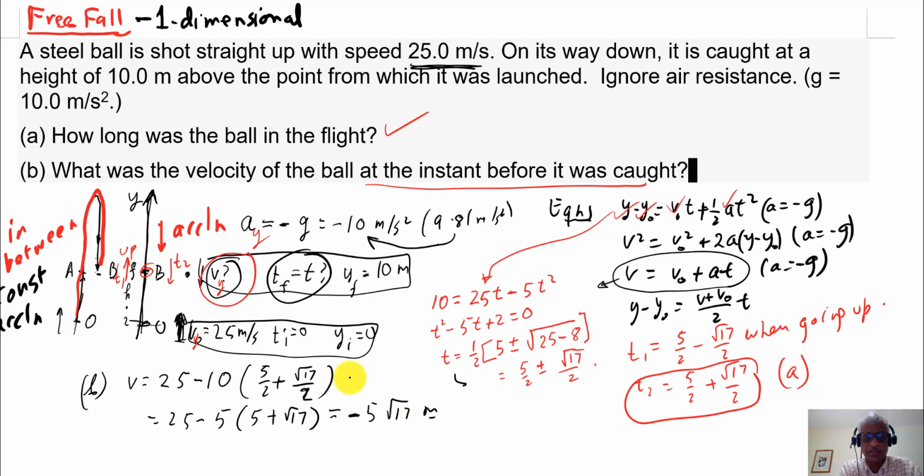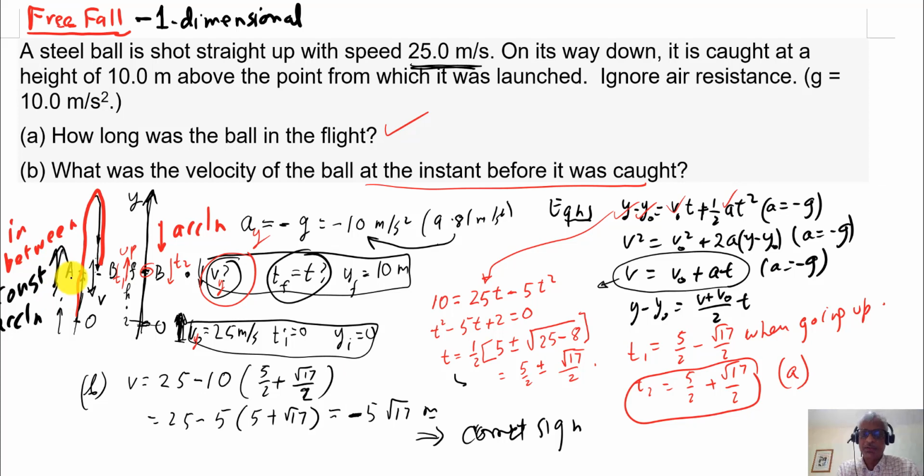Now this is minus, and that corresponds with the velocity being down, so the vy is negative. So this is the correct sign. If I got positive, I would be worried. Now let's do what was its velocity going up at this height.